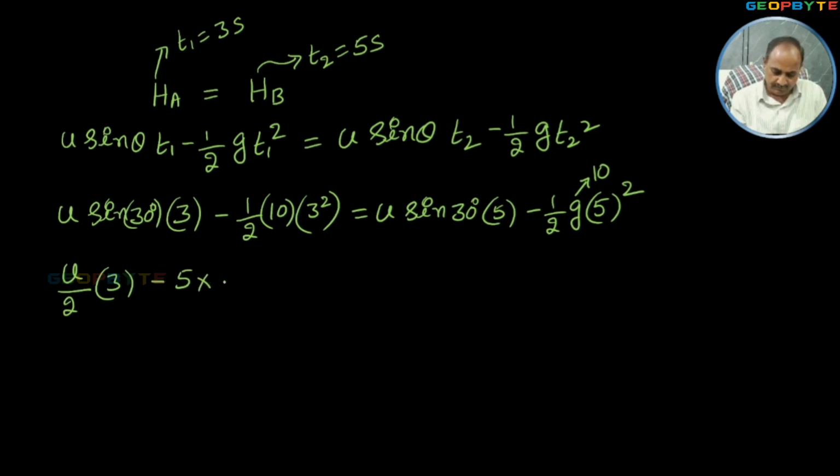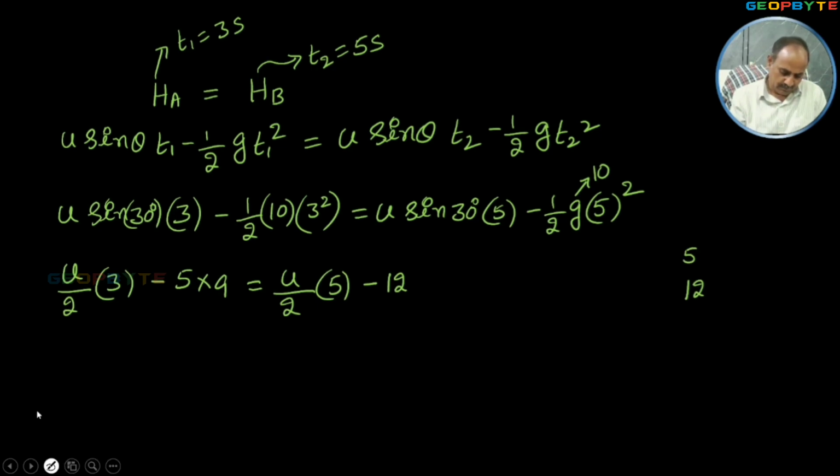So 5 into 9 is equal to u by 2 into 5 minus 5 into 25. 5 into 25 is 125. Yes, 125 correct.